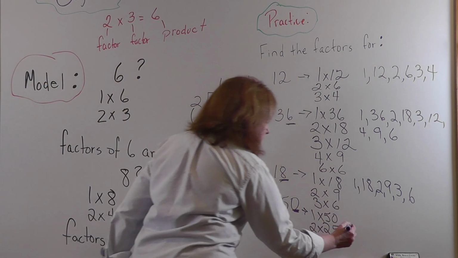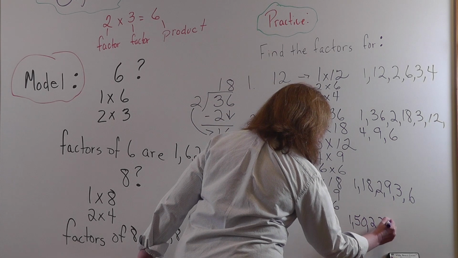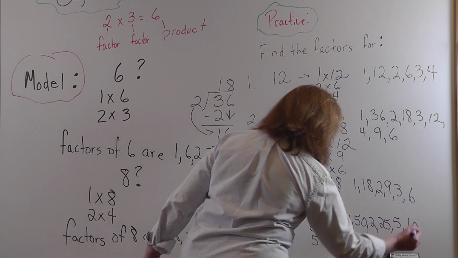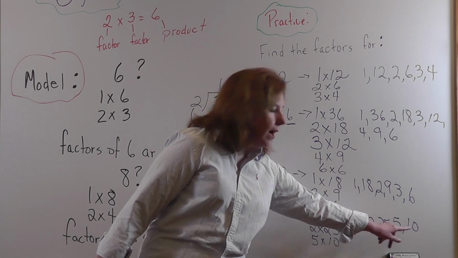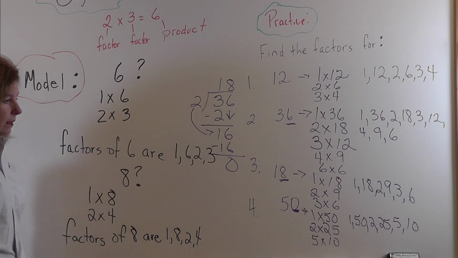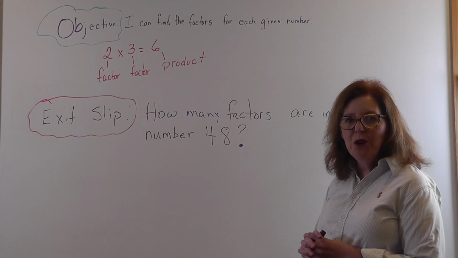So my factors for 50 are 1, 50, 2, 25, 5, and 10. Okay? Now, all right, class, now it's time for the exit slip.